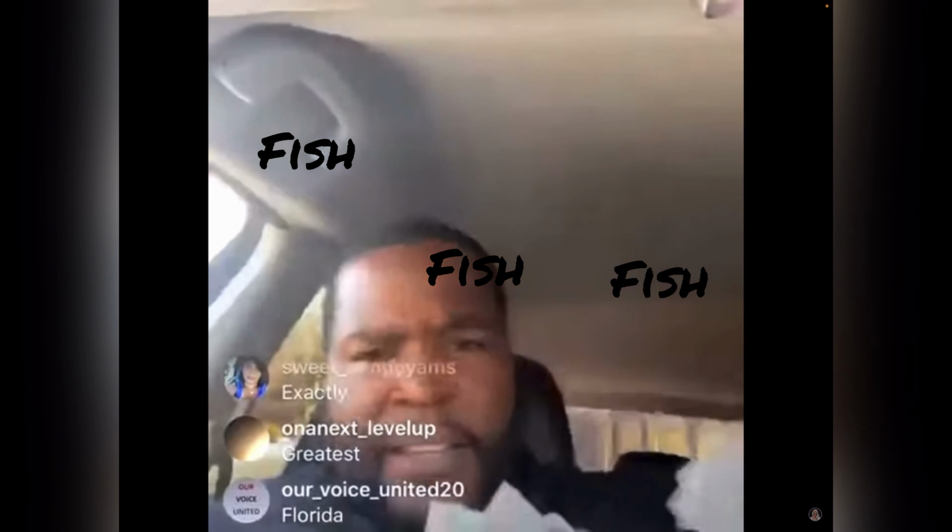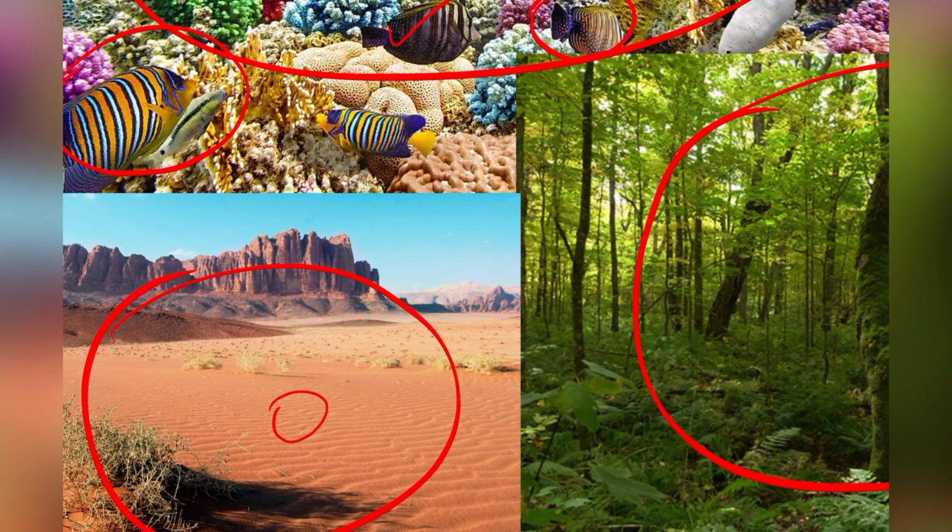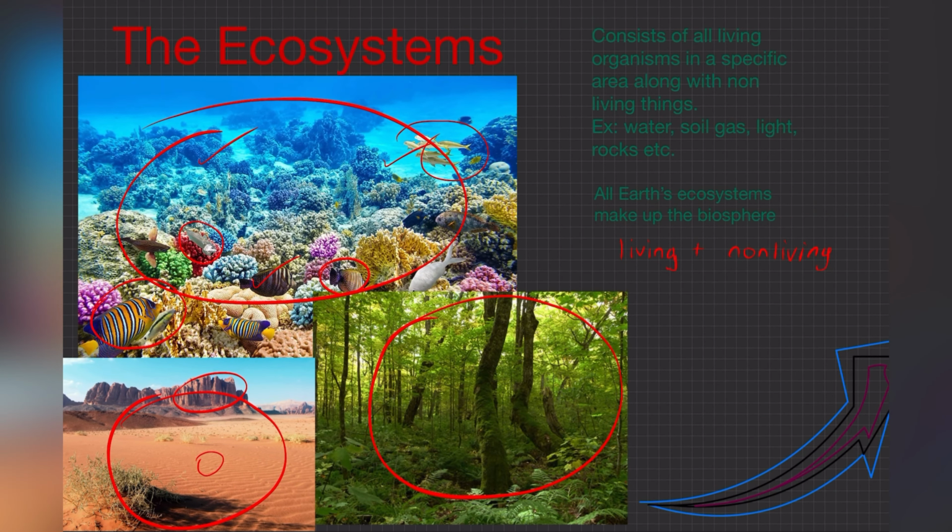And then in the desert, we have non-living things like the sand and the rock, and then living things like plants, those dry desert plants, okay?